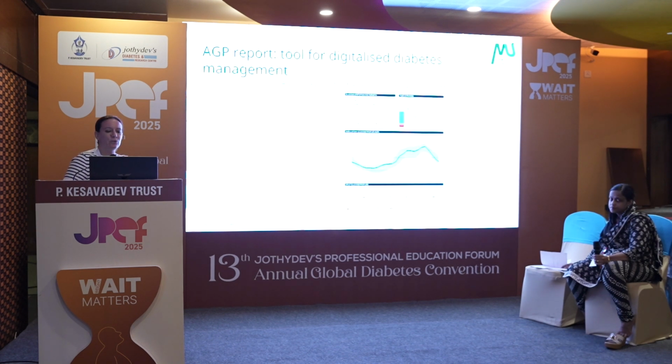When we then look a bit more into that AGP report, we have different display modes. So we have the median curve here that gives you on average where the glucose lies in the 14 days. I will also talk a little bit later about the blue and the light blue range. Importantly, you also have daily views that give you an indication of what happens on individual days.